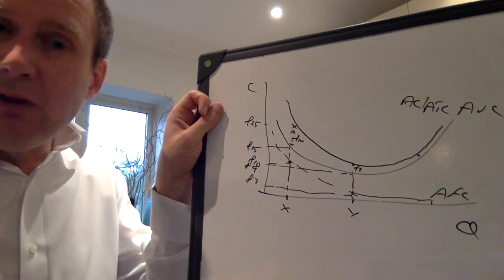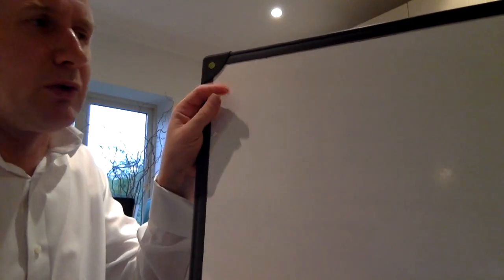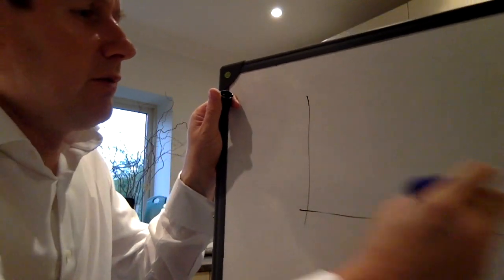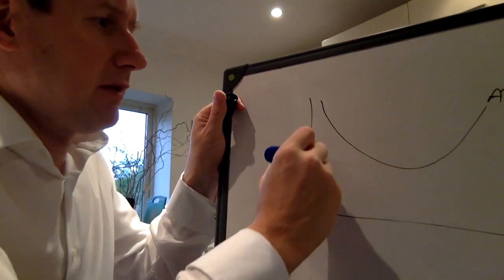That would determine the unit cost. So if we now combine all that together, we've got all the cost curves that we're going to need. So what we know is that average total cost looks like that.